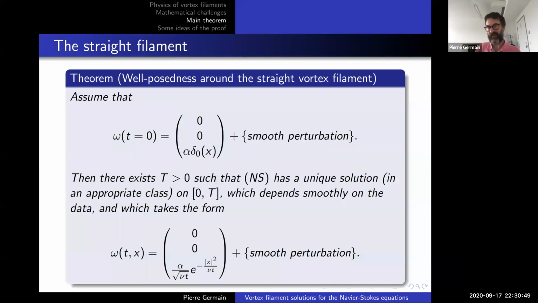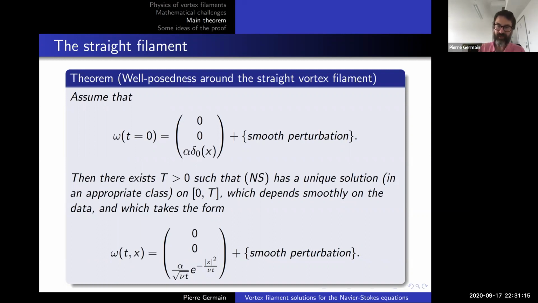So the filament is just a straight line, and the vorticity is supported on this vertical line. So if there was no perturbation, then we would get exactly the Lamb-Oseen vortex. But now we turn on the perturbation, and it's not clear at all what happens.